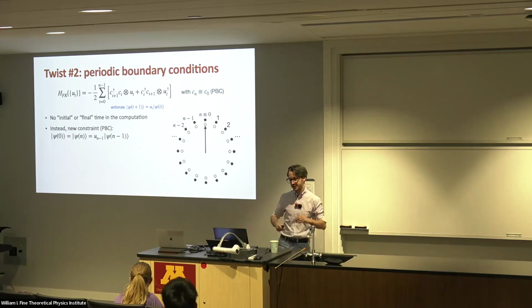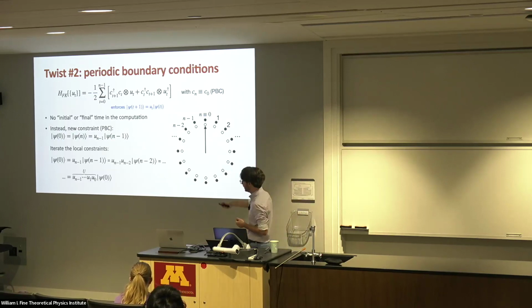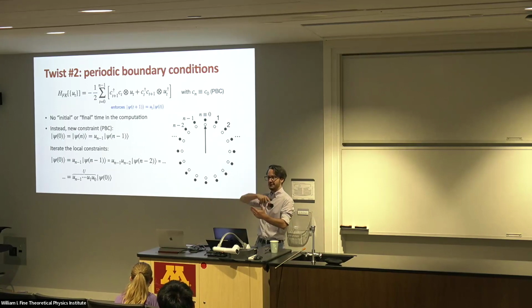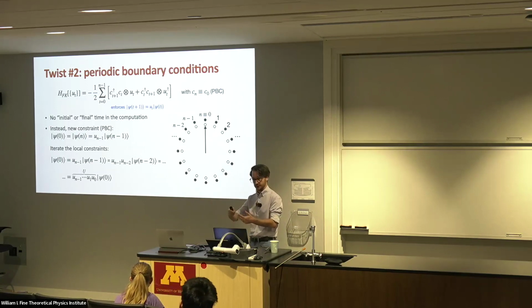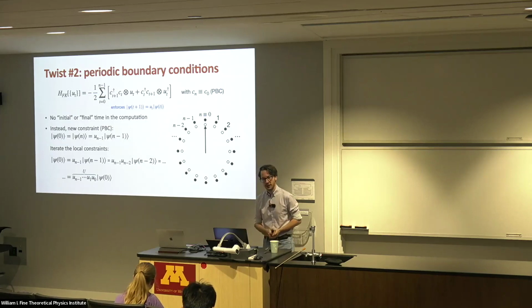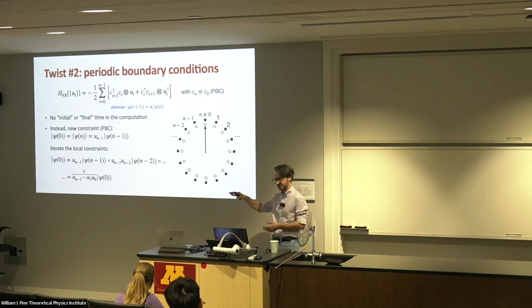Okay, so if there's one more constraint, we can iterate it. We take the psi of 0 state, which is related to psi of n-1, which is related to psi of n-2. We can iterate this all the way back around the clock till we return to psi of 0, which happens after one complete cycle backward, and we end up with this product of all the gates. So this circuit, this capital U, is a circuit that acts on the entire quantum computer.